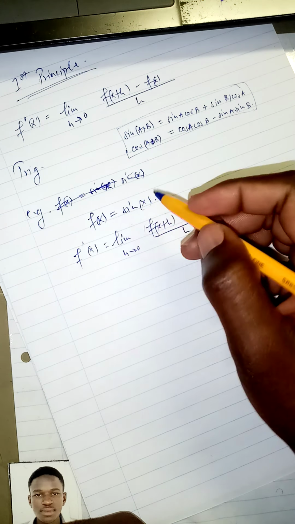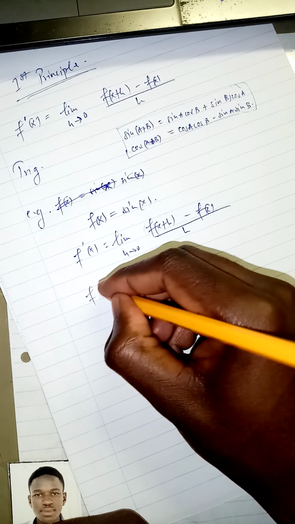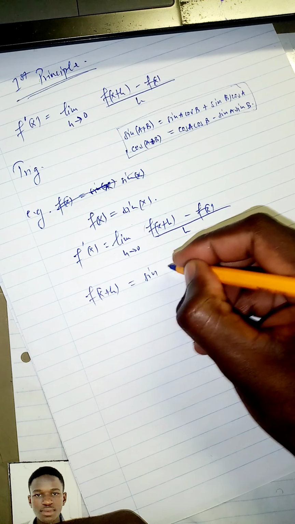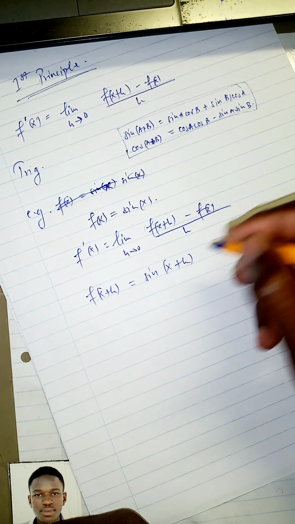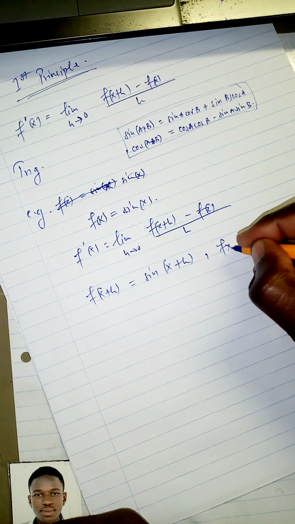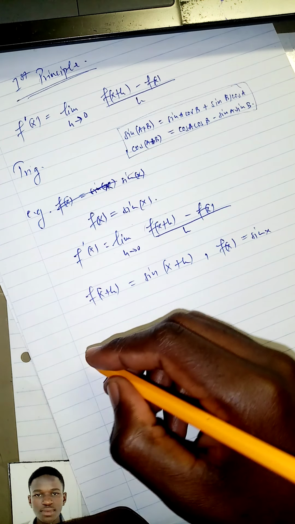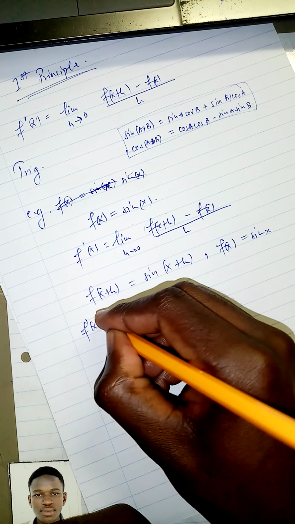We take f, and in terms of x, we put x plus h. Then we have sine of x plus h. Then f of x still remains the same, which is sine x. Then we plug in.